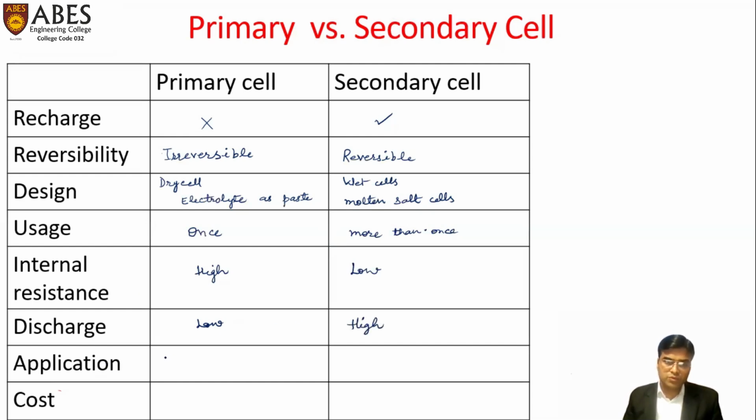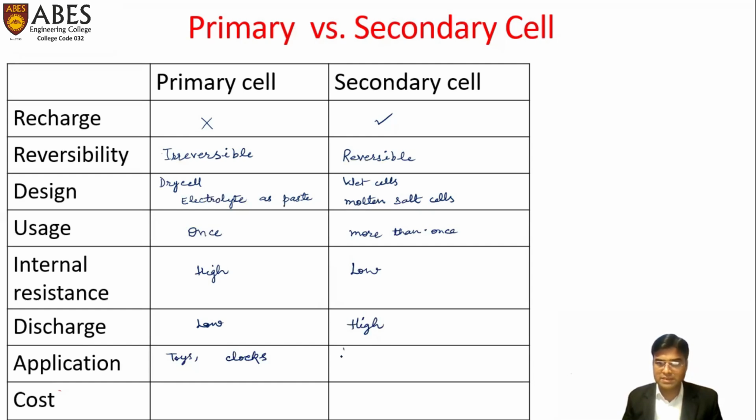The primary cells are used where we need a small but constant current, like toys or clocks. Secondary cells can be used where we need portability, so that it can be charged and discharged again and again.